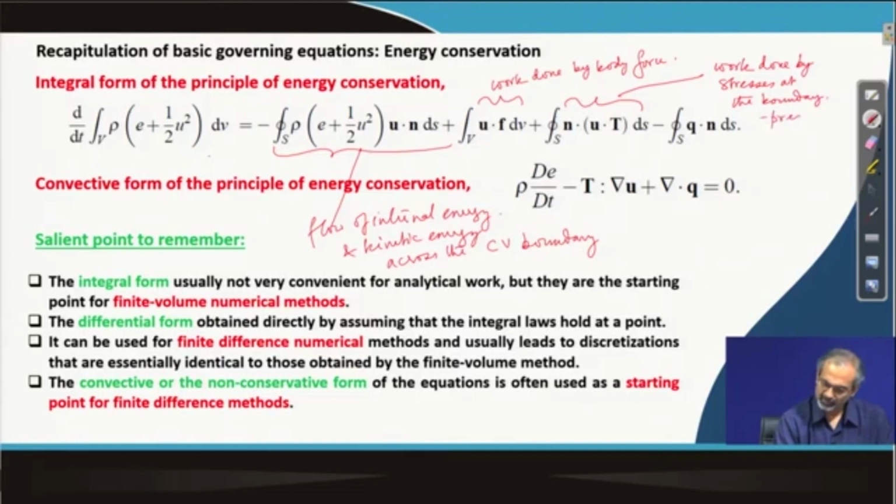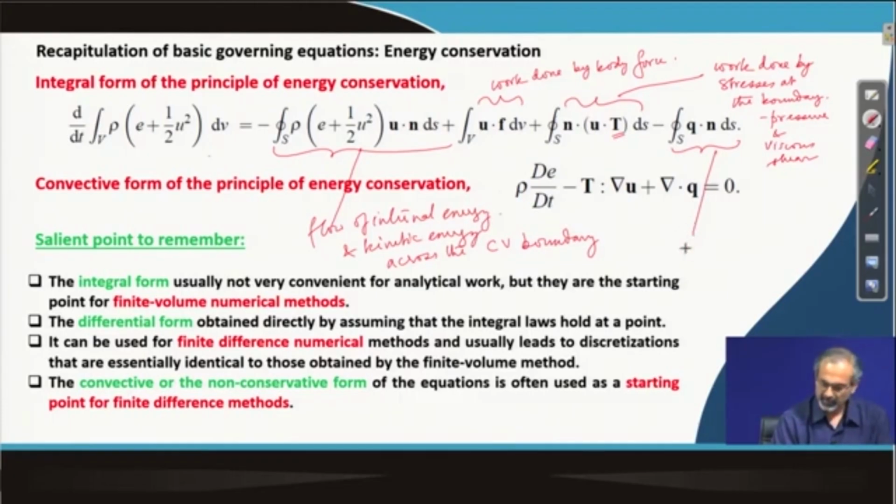This would include pressure and viscous shear. So, you remember that the stress tensor that we had expanded in the previous lecture included pressure terms as well as viscous terms.